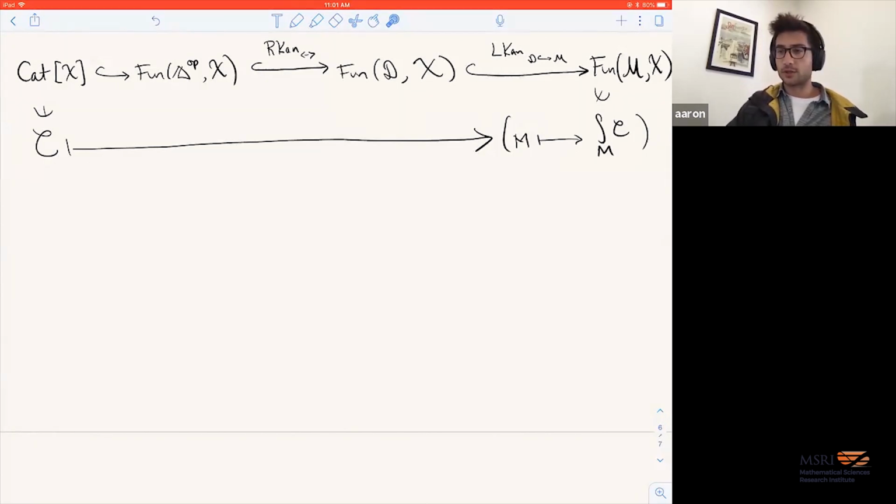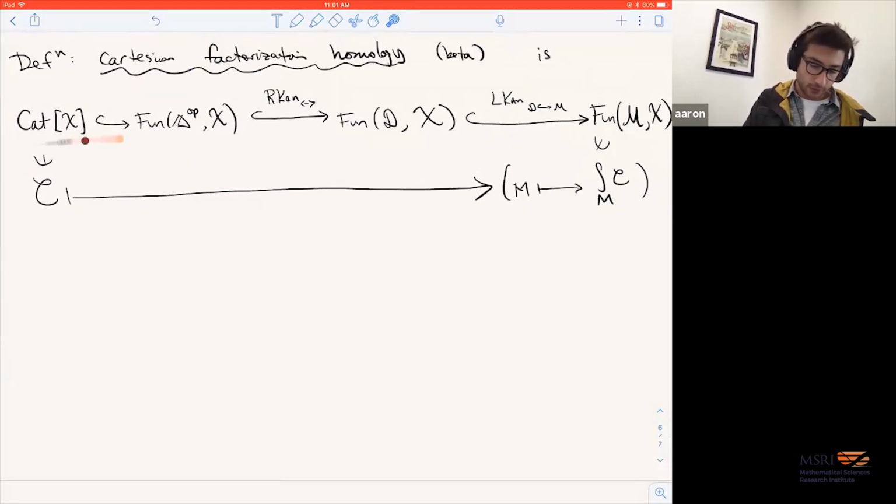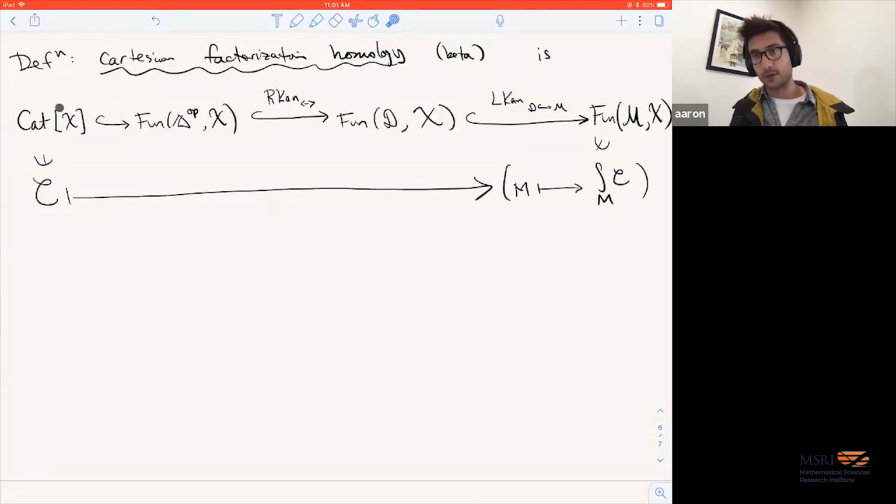Let me just say verbally that this composite is fully faithful, and it's a variant of this that is used in the proof of the cobordism hypothesis that's sketched in the archive paper of David and John.